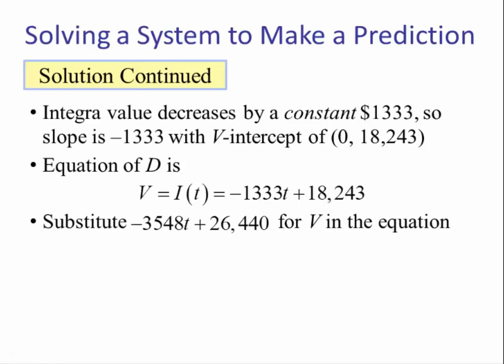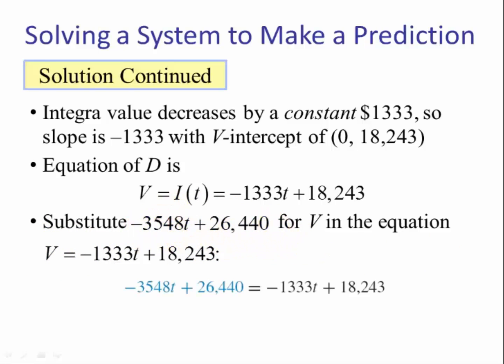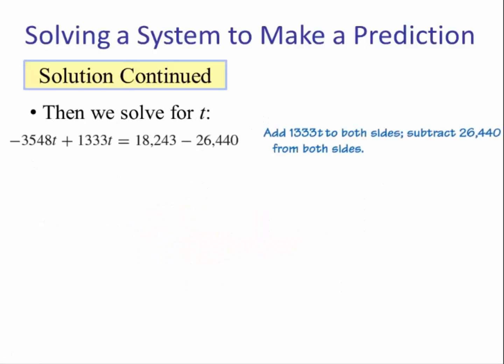So our next step is to use substitution, and we are going to substitute this expression for the DeVille for V into the other equation. Wherever we see a V, we are going to substitute this expression. When we solve for T, we add 1,333t to both sides, then subtract 26,440 from both sides.